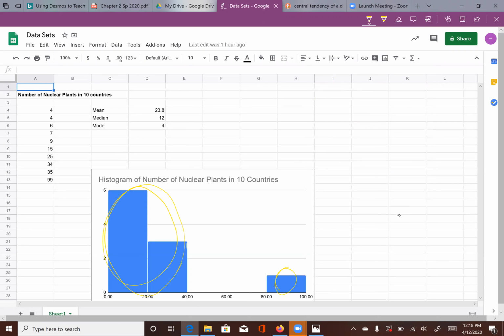So 99 here could be one of the outliers, or the only outlier, because it's so far away from everyone else.